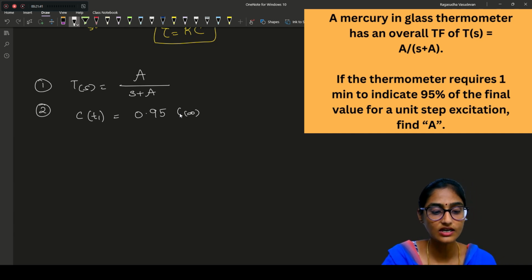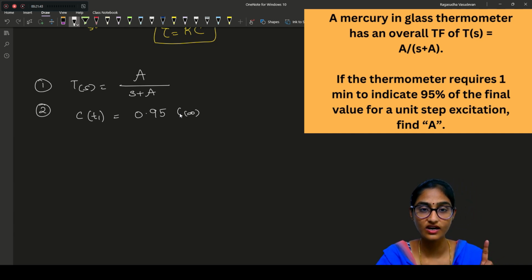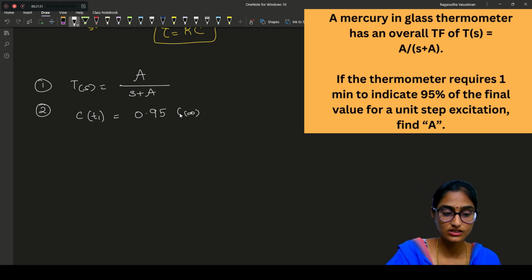It's given that the thermometer requires 1 minute to reach 95% of the final value for a unit step excitation. So t1 is 1 minute.